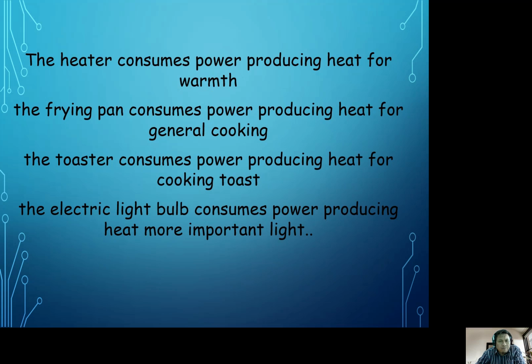The heater consumes power producing heat for warmth. The frying pan consumes power producing heat for general cooking. The toaster consumes power producing heat for cooking toast. The electric light bulb consumes power producing heat, and more importantly, light.